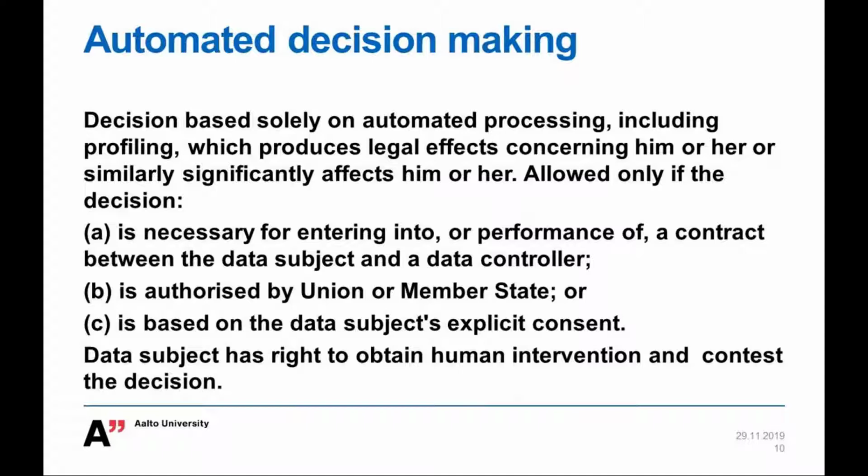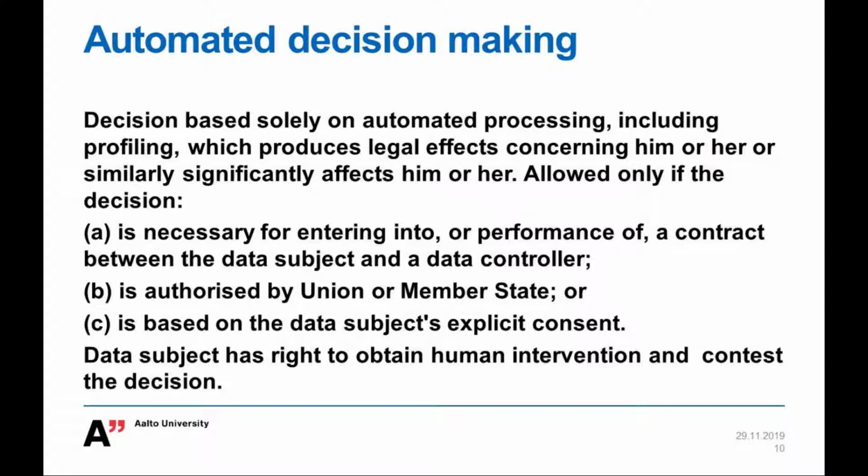If you use profiling or automated decision making, you have to take into account that a decision based solely on automated processing is actually not allowed except in some defined cases.